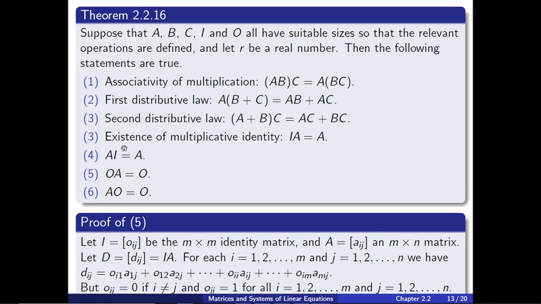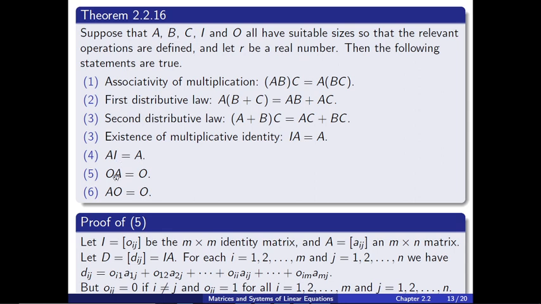And then we also have the existence of a multiplicative identity. So in other words, IA is equal to A. When we defined it, we said it is the identity, and now we are seeing that the property for identity actually holds, that IA is equal to A, and AI is equal to A, right?